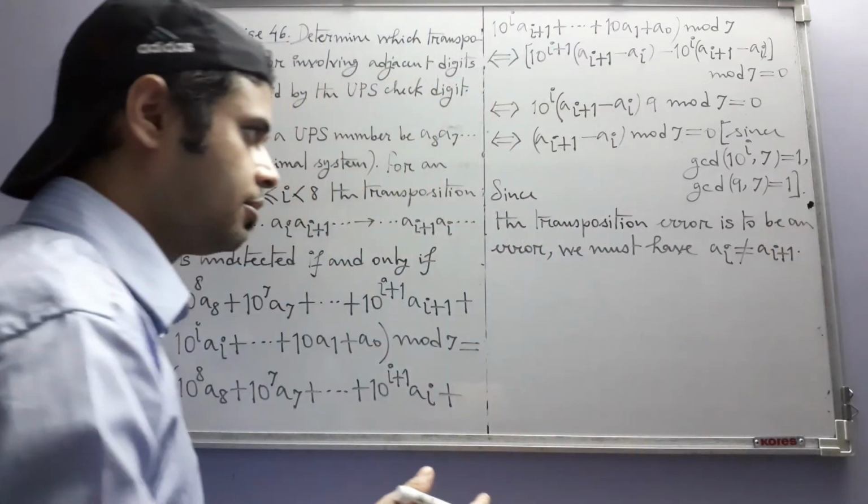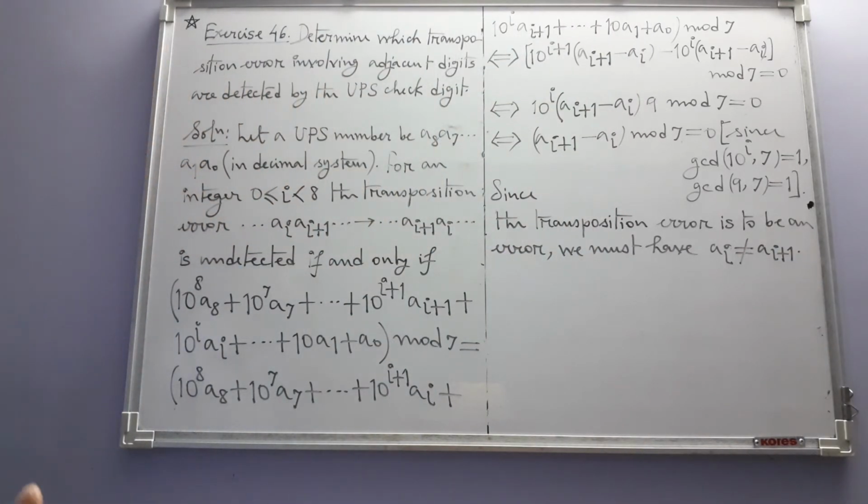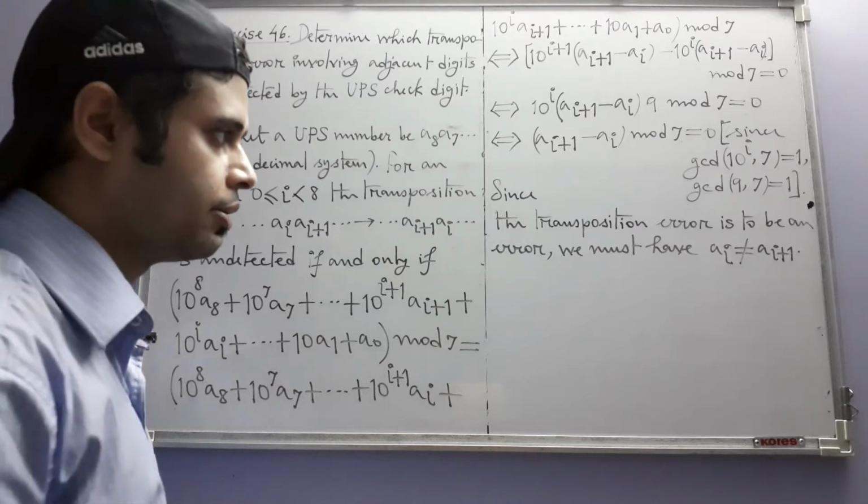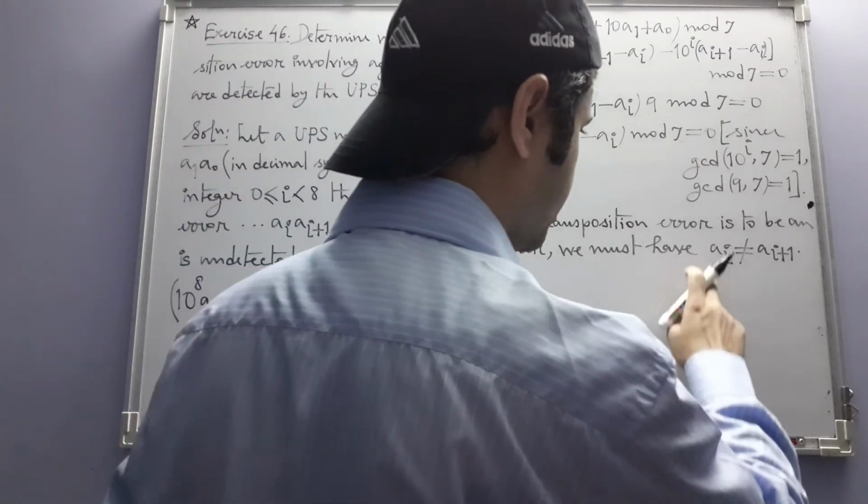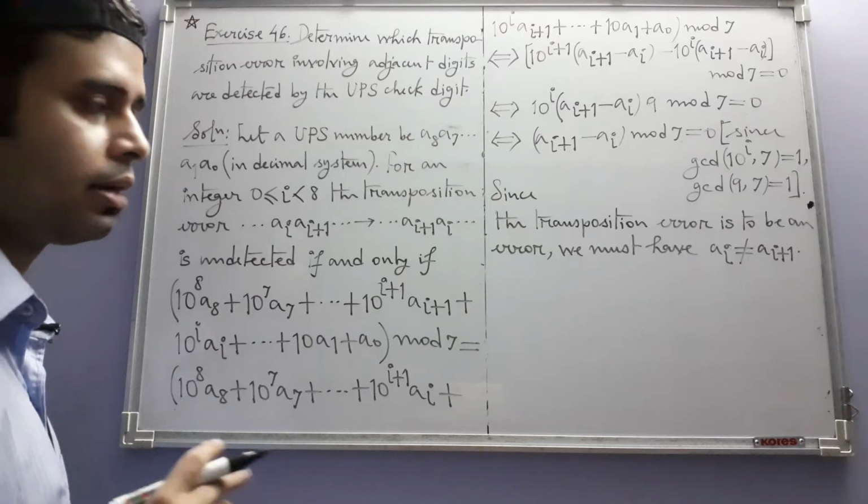Because if they are equal, then transposing them will not change anything, so we won't get any error. So for this to be a legitimate error, A_i should not be equal to A_{i+1}.